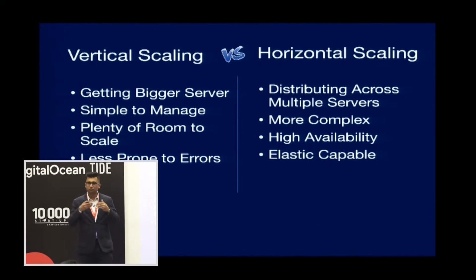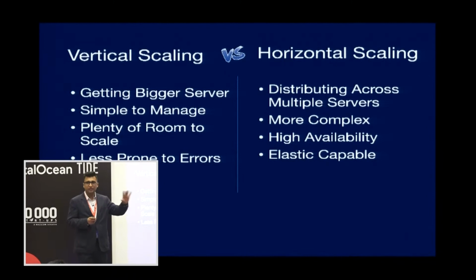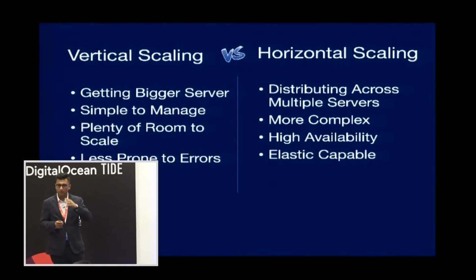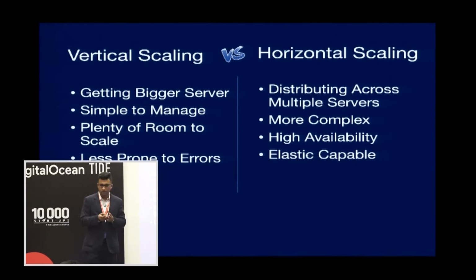It's not like you build out an architecture and it'll work. And it is also elastic compatible. With vertical scaling, again, the problem is if you increase the size of a VM, it basically runs like that only. It's not easy to scale it down or scale it up on the fly. Horizontal scaling, if you build the architecture right, can scale very nicely.